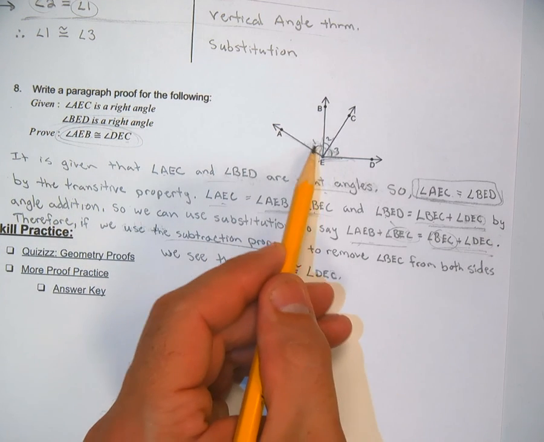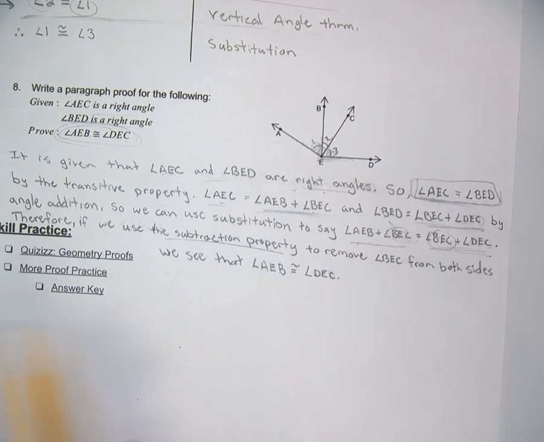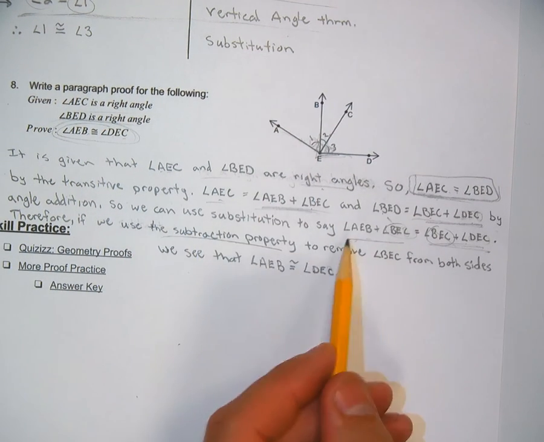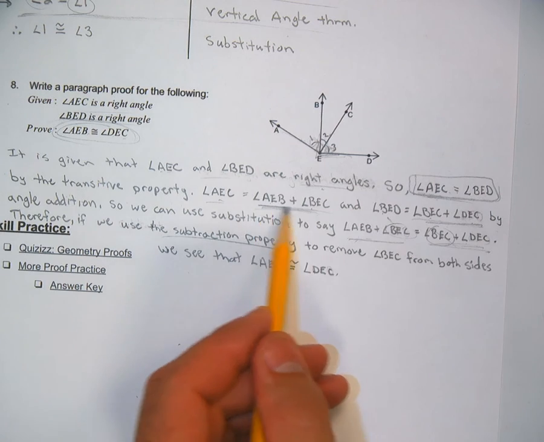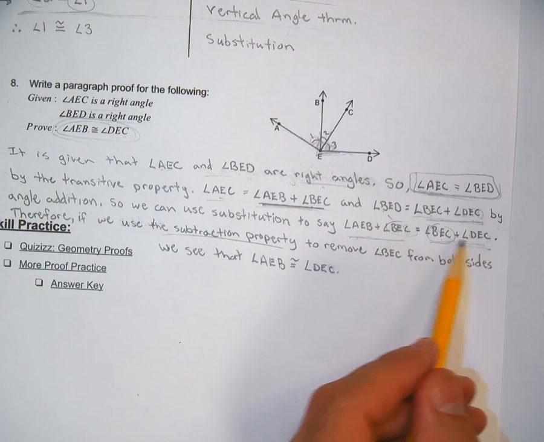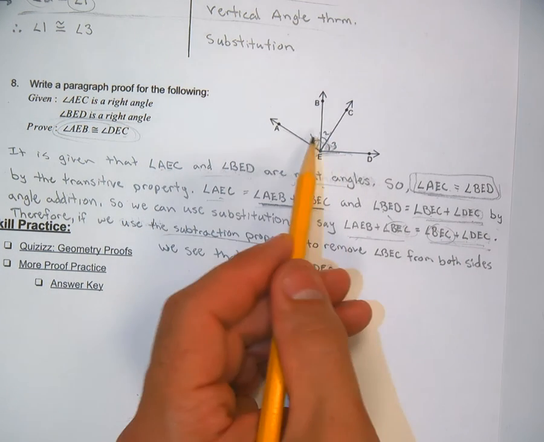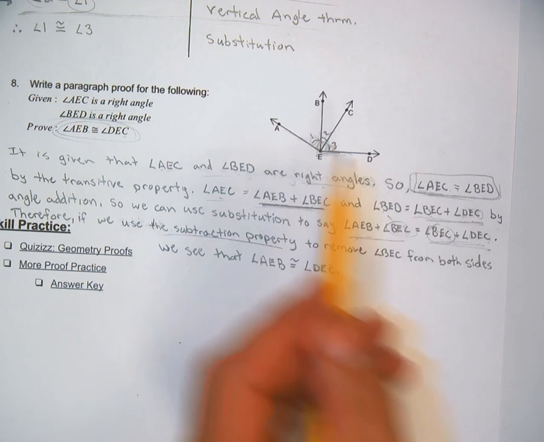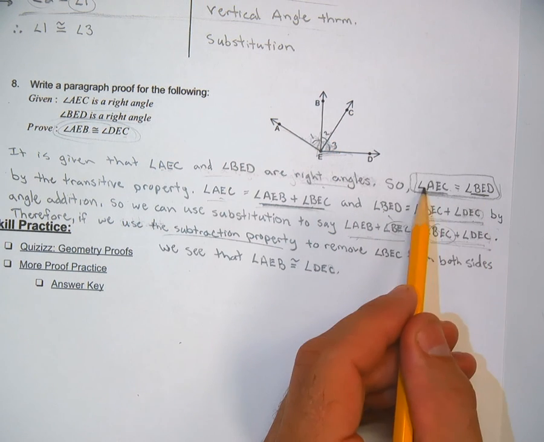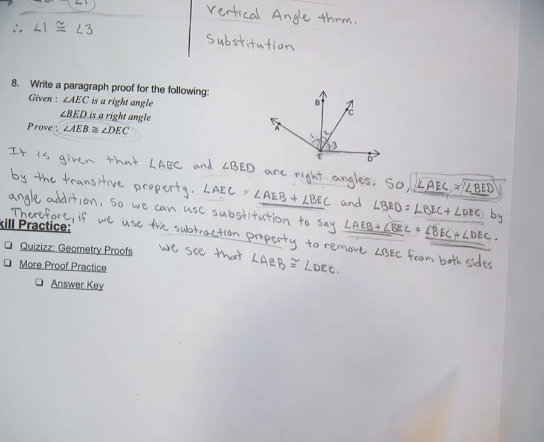So this is saying that I can split angle AEC up into 2 parts and BED up into 2 parts. Once I've done that, I can say that AEB, 1 and 2, are equal to BEC and DEC, angles 2 and 3, because I already knew that their larger pieces were equal. When I said AEC equals BED, I've basically just broken this into its 2 parts, and I've broken this into its 2 parts.